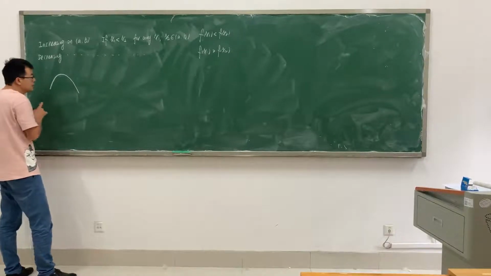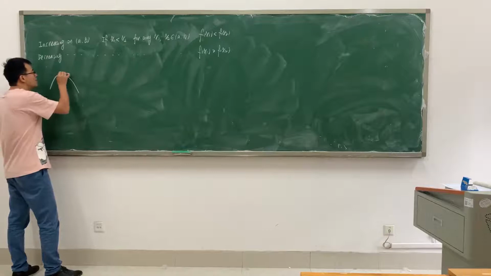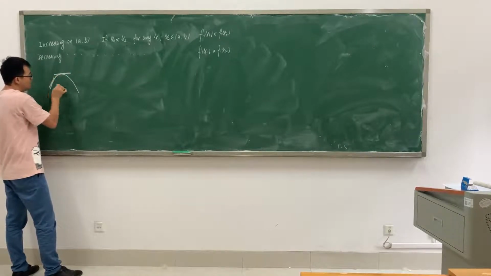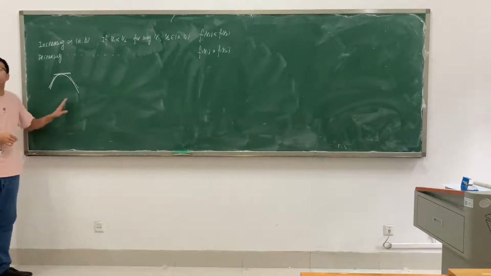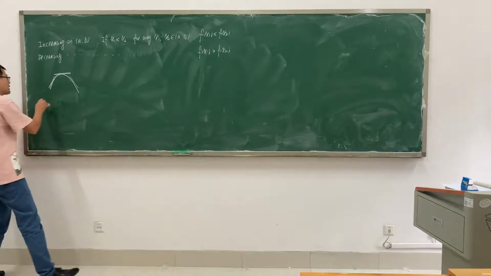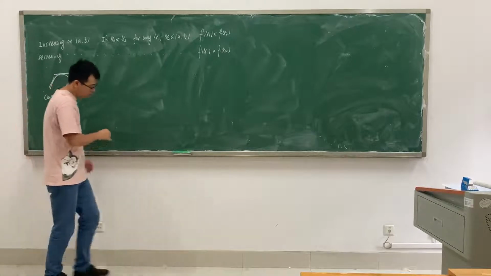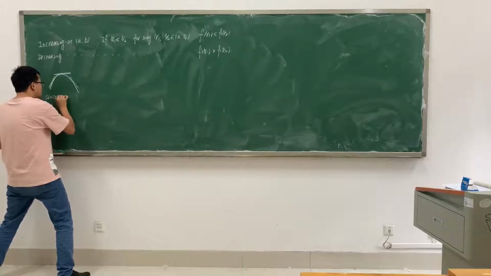We can see the graph lies below the tangent line, so this is the tangent line. So for this case, we call it concave down.